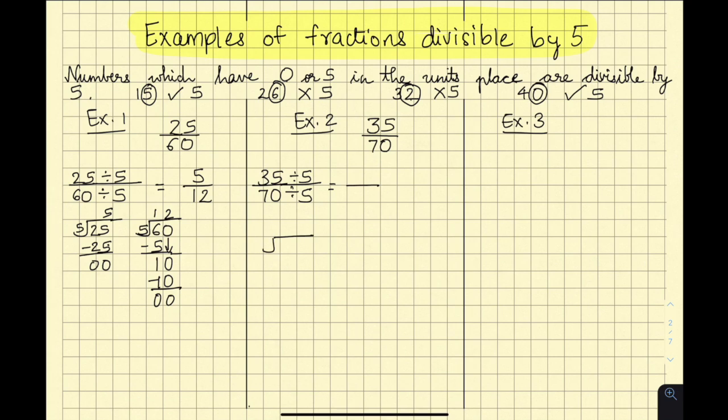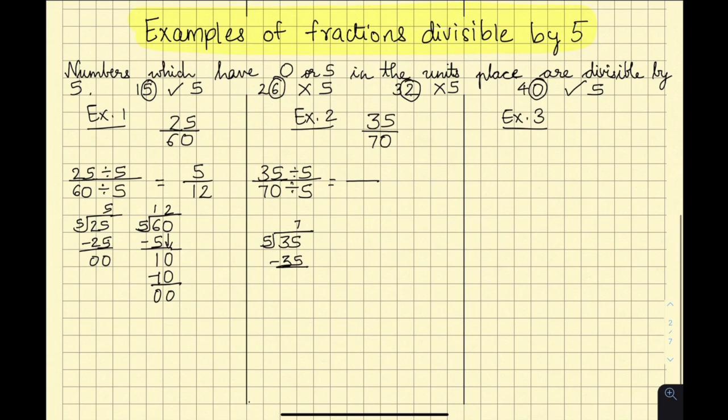Now when you divide 35 by 5, you get 7, 5 sevens are 35. When you divide 70 by 5, 5 ones are 5, 7 minus 5 is 2. You bring the 0 down, 5 fours is 20. So you get 35 divided by 5 is 7, 70 divided by 5 is 14.